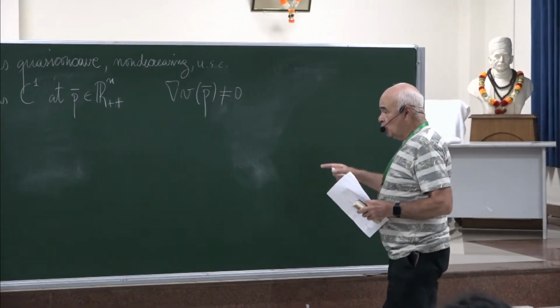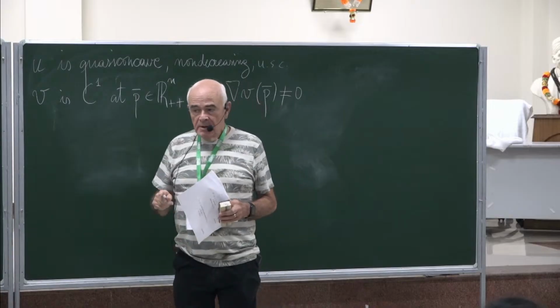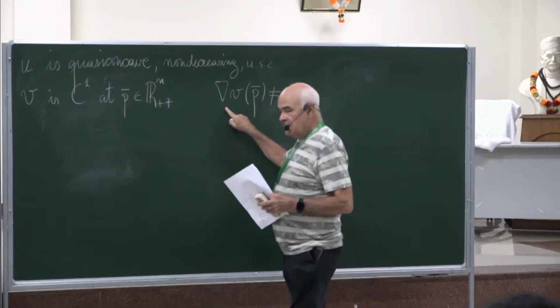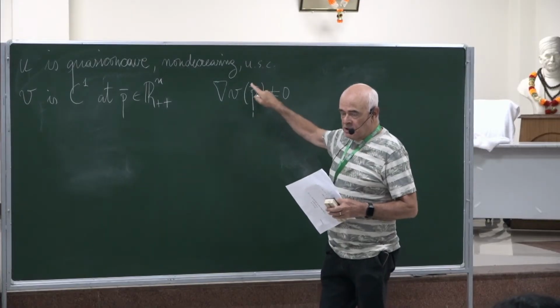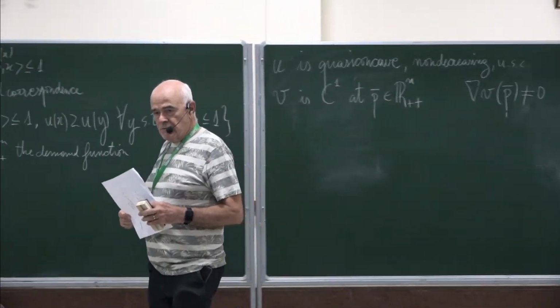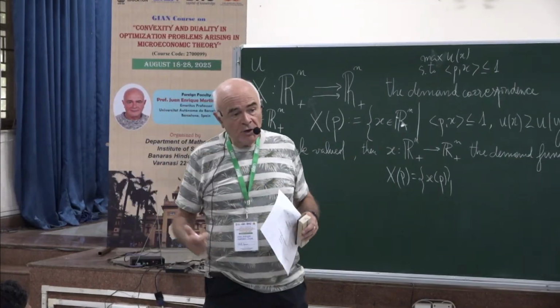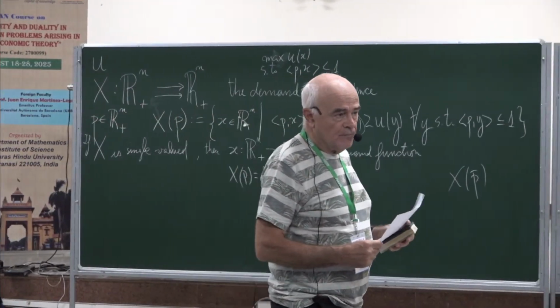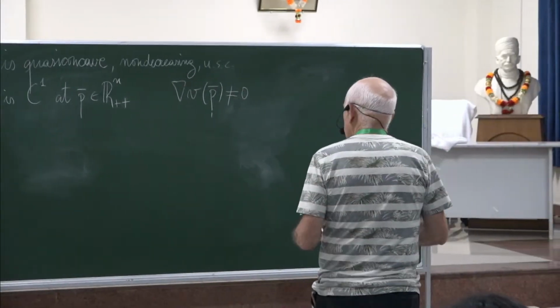In fact, what we know, because V is non-decreasing, is that this gradient has non-positive components. All the partial derivatives are non-positive, okay? But now here we are saying that at least one of them is strictly negative. Is this clear? Okay.